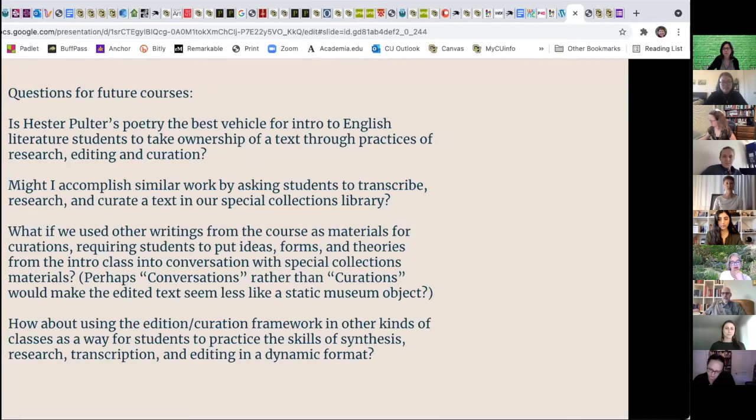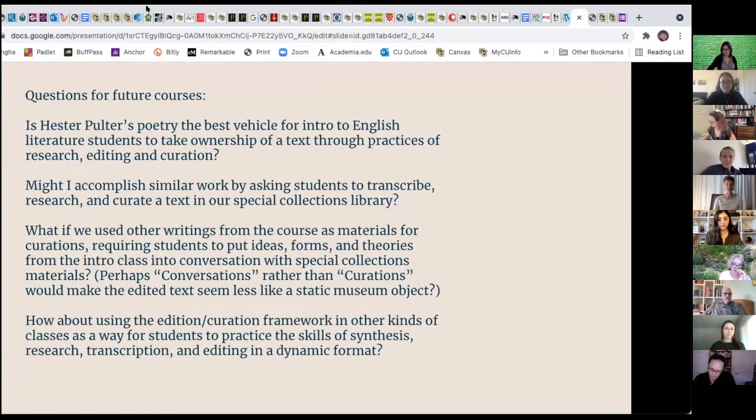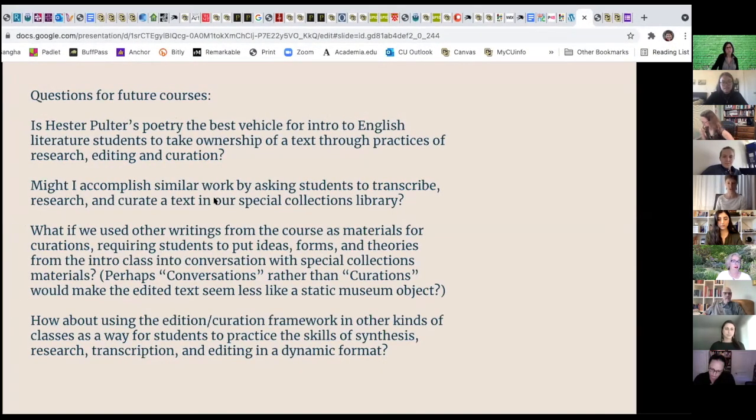So I'll just end with a few questions that this raised for me. So, questions for future courses. I'm always trying to think about how I can improve my classes. One of the questions that really came up for me is, is Hester Pulter's poetry the best vehicle for Intro to English Literature students to take ownership of a text through practices of research, editing, and curation?